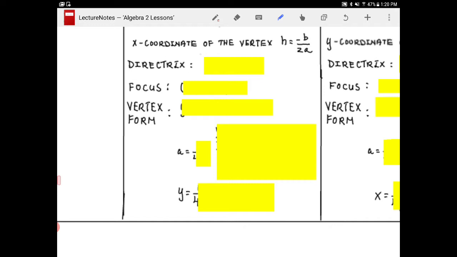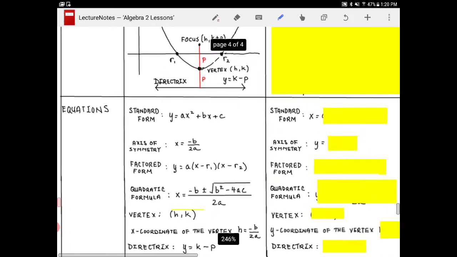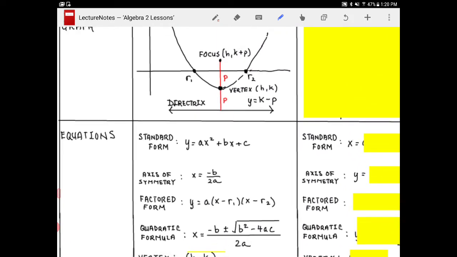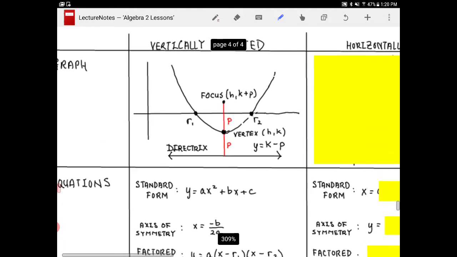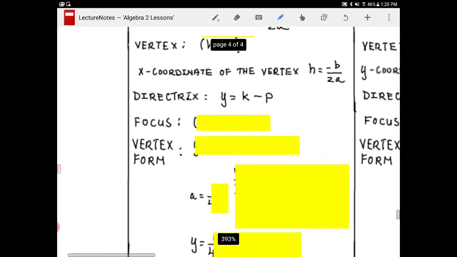One of which was the directrix, and if we were to model a lens, that would be the path that the light would enter the lens. So in this case, for a vertically oriented parabola, the directrix is going to be a horizontal line, which is why I have written here y is equal to k minus p.